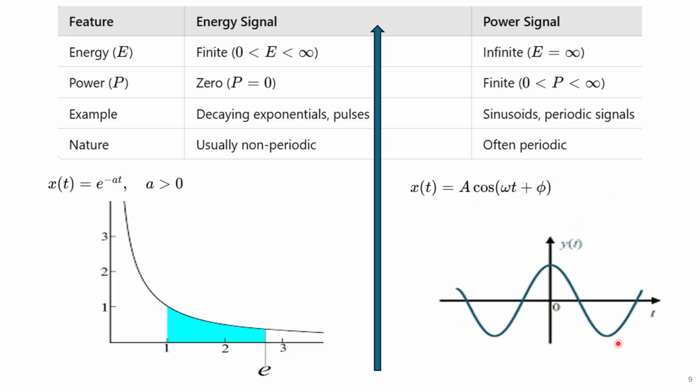Because the time period is, suppose, 0 to 2 pi for a sinusoidal or cosine function. If you absorb the power for only one time period, then it will be finite, right, for only one time period, and energy is for the entire time period, so that is infinite, right? So in this case, power is finite and energy is infinite.